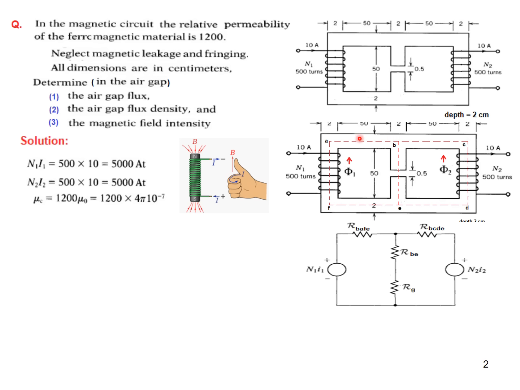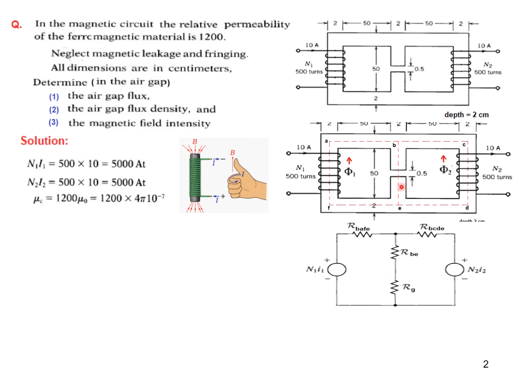Then for this portion we mark a separate reluctance. So this is R_BAFE; from here, we are taking this as a separate reluctance. Similarly, for the right-hand source, this is a separate reluctance, R_BCDE.